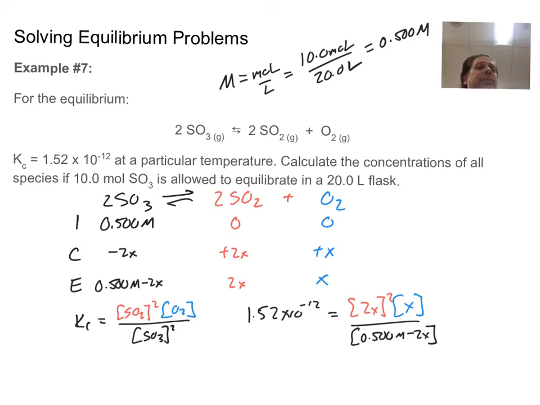Now, when I'm looking at this, I see that I'm going to get a quantity of like 4x cubed on top, I would like to avoid going to 4x cubed, because what will end up happening is I'll get a weird trinomial, and I'll have to figure out a way to solve that.